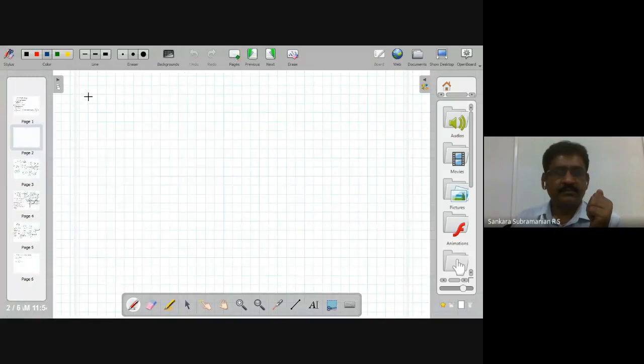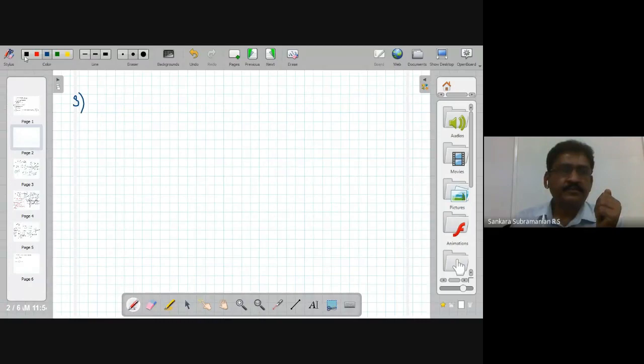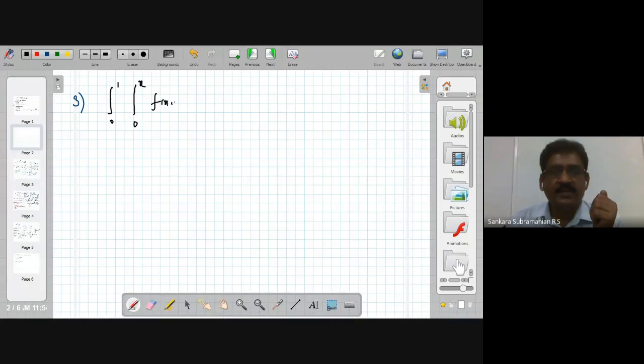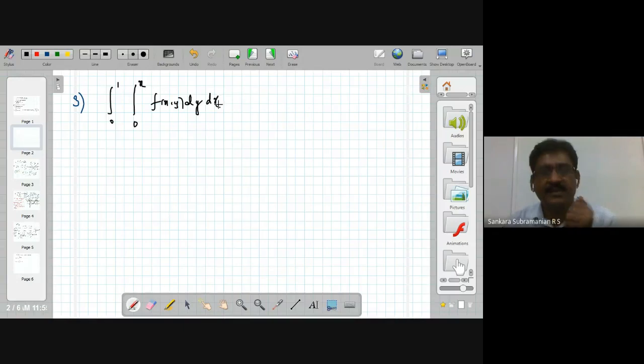So you have 0 to 1, 0 to x, f of x comma y. It can be anything. Since the inner integral is in terms of the variable x, you should integrate with respect to y first, x next.